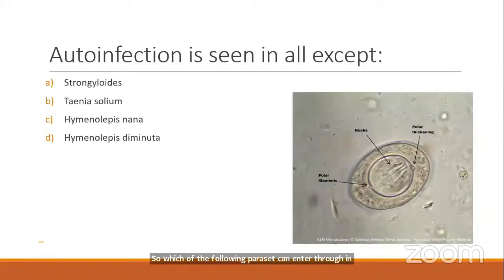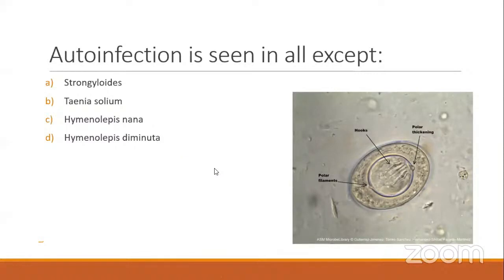What is C, sir? I didn't get Hymenolepis nana. A C in CHEST, because it is Capillaria philippinensis.